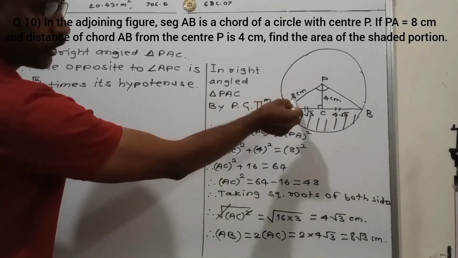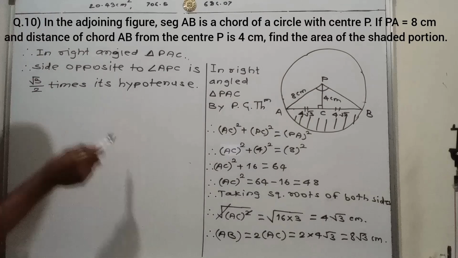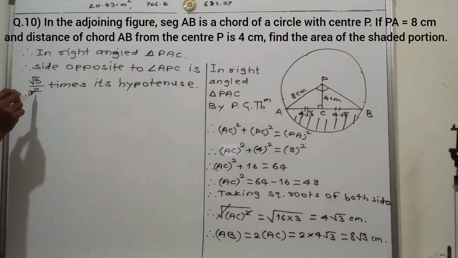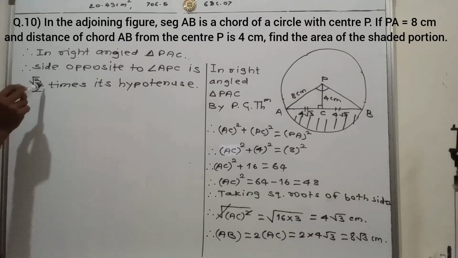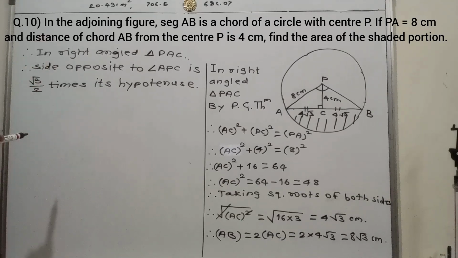What is our hypotenuse? 8. See this, square root of 3 upon 2 into 8. 2 4s are 8, means 4 into square root of 3, means 4 square root of 3. Did you get it?